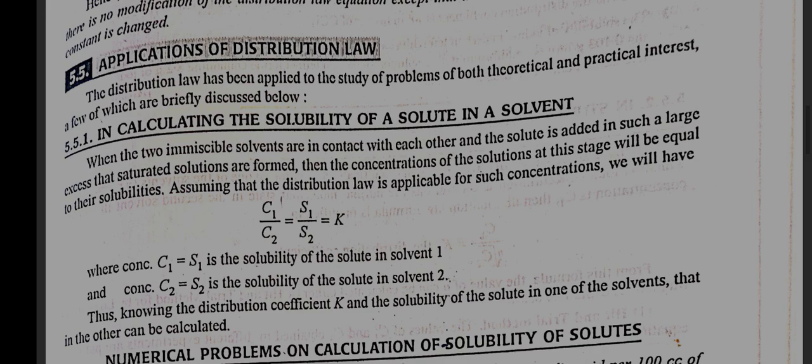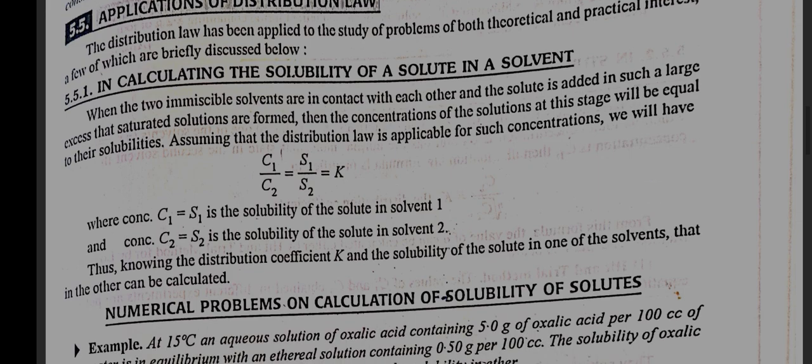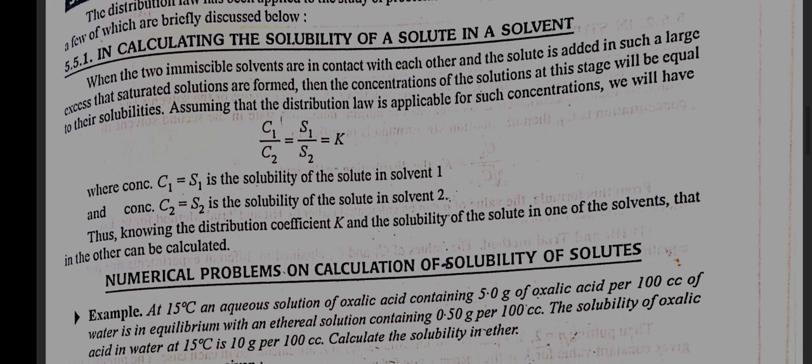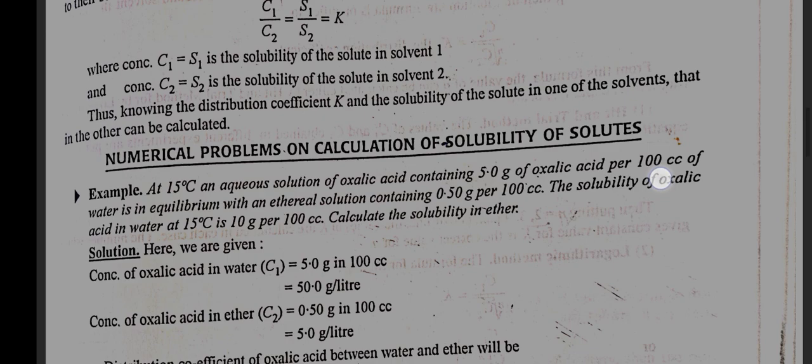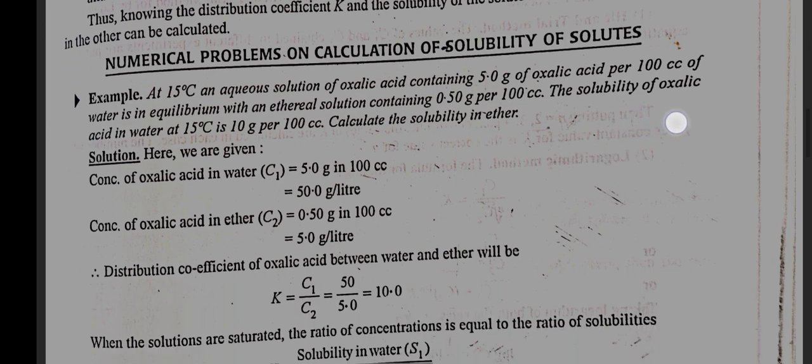Assuming that the distribution law is applicable for such concentrations, we will have C1 divided by C2 equal to S1 divided by S2 equal to K, where concentration C1 equal to S1 is the solubility of the solute in solvent 1 and concentration C2 equal to S2 is the solubility of the solute in solvent 2. Thus, knowing the distribution coefficient K and the solubility of the solute in one of the solvents, the other can be calculated.